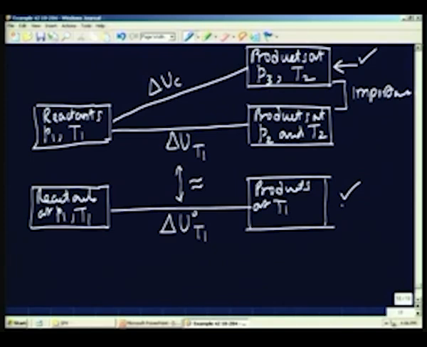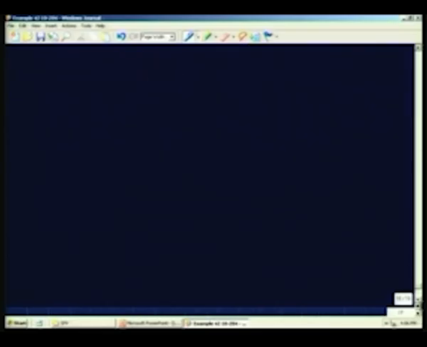So, the experiment is conducted totally adiabatically. According to thermodynamics, the internal energy of the system must be constant. Change in the internal energy of the system equals 0.